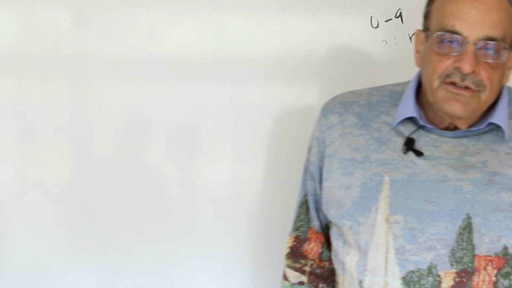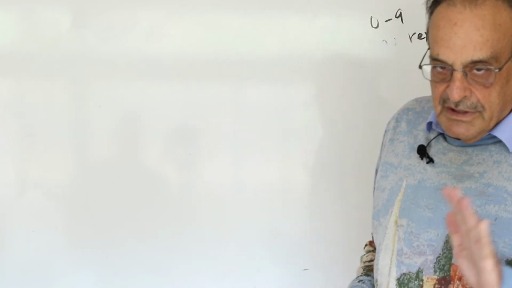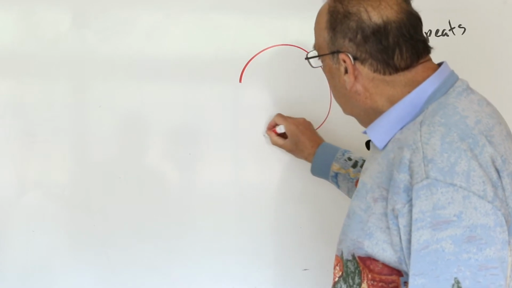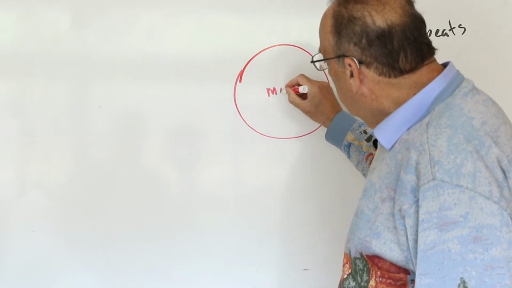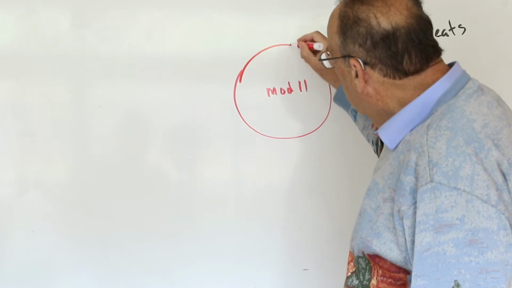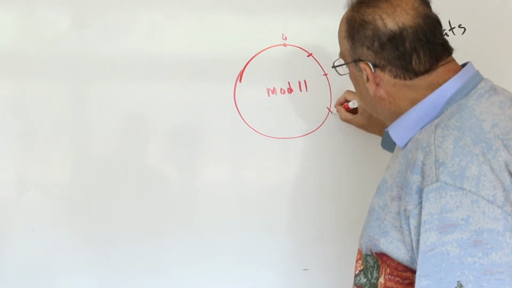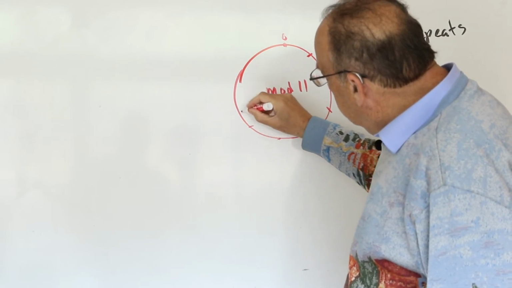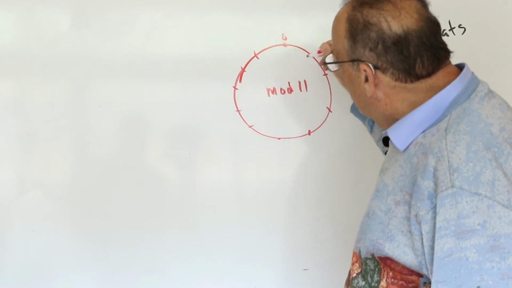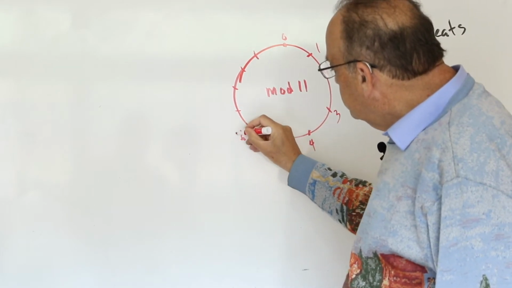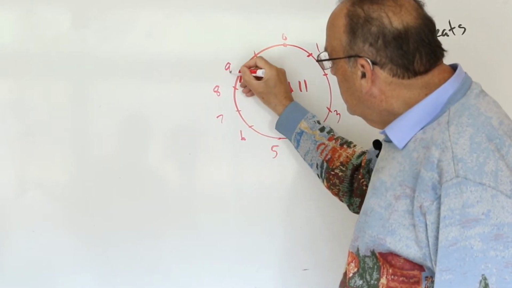Okay, so now we're going to do a second puzzle. This time, instead of adding mod 10, we're going to multiply mod 11. So we'll look at the mod 11 clock first. So that's 1, 2, 3, 4, 5, 6, 7, 8, 9, and 10.